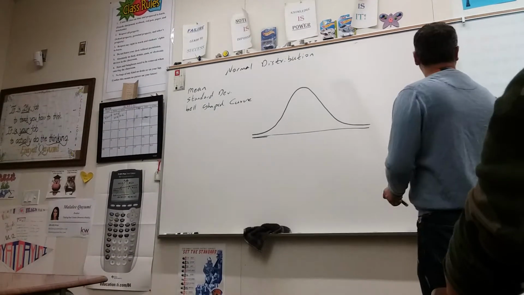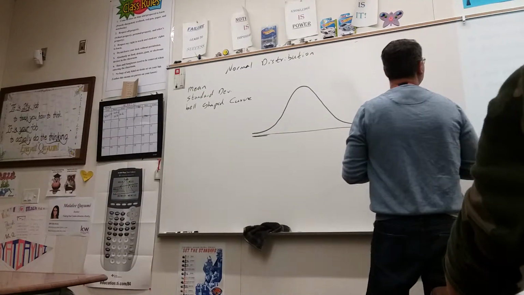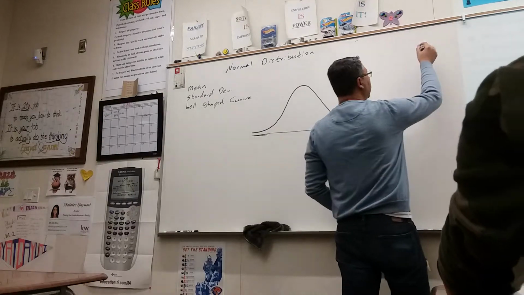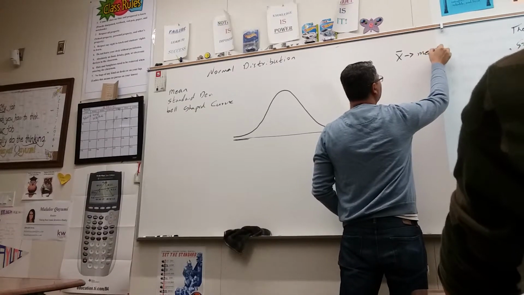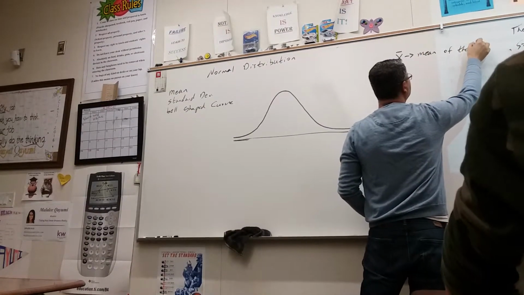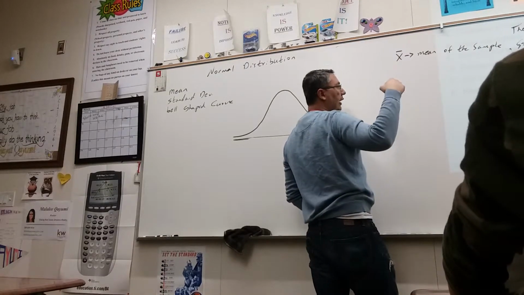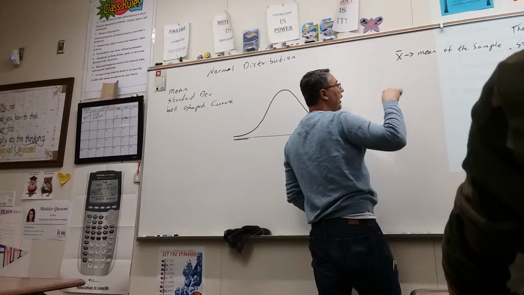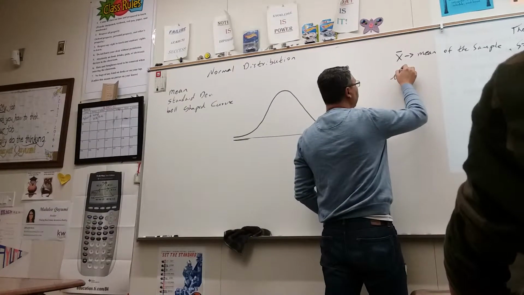Everybody else. So in order to start this thing, the first thing you need to know is, you know how yesterday I told you that x bar is your mean? Well, x bar is the mean of the sample. But then in today's PowerPoint, which we're not going to use, I'm just going to show you it after the lesson, you will see this.